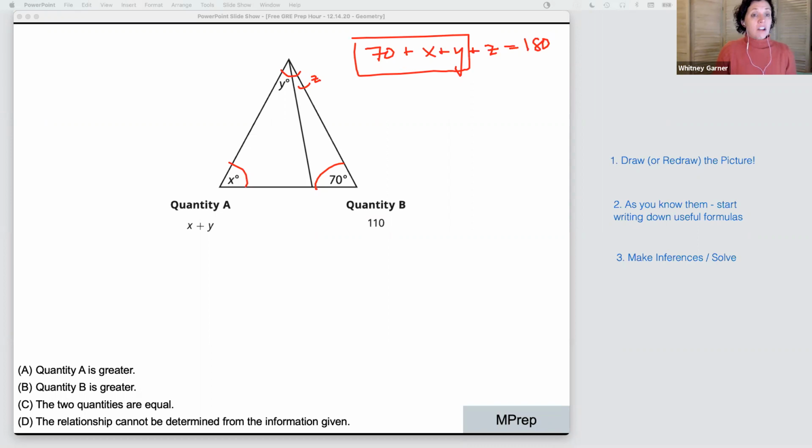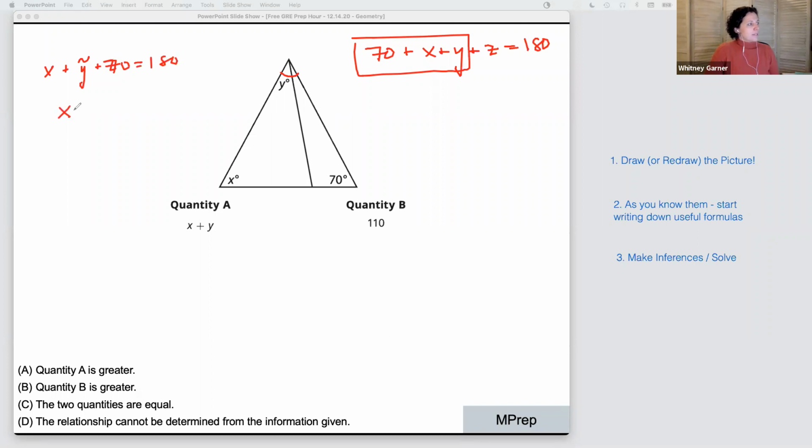To see it another way, if the Y wasn't just this little piece, but was this entire piece, X plus Y plus 70 would be 180. So I'm going to call it X plus, we'll call this fake Y, plus 70 equals 180.